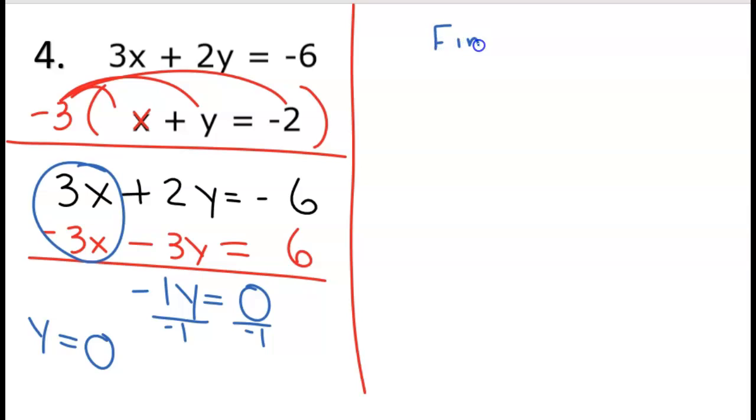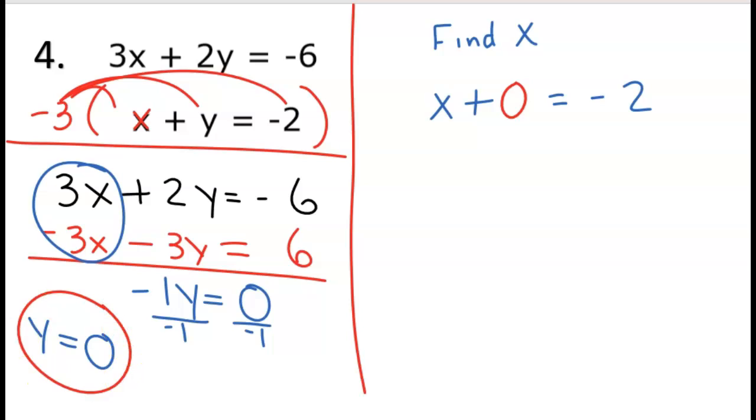And now I need to find the x. This looks like the easiest equation to me. And in place of the y, I'm going to put a 0, because right there, y is equal to 0.